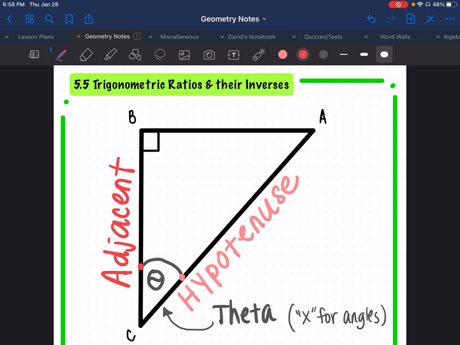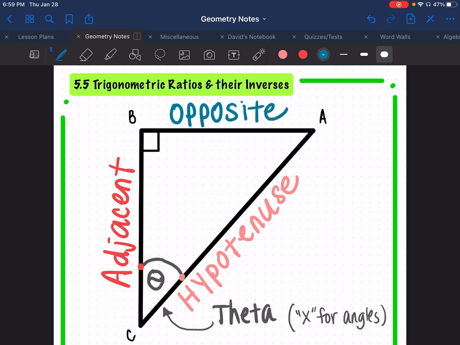I'm right next to the angle, okay? So then what would I call side AB at the top? Well, I always talk about its relationship to the given angle, in this case, theta. If I take theta and I go straight across the triangle, I hit that last side, AB. Because it is across it like that, I'm going to call it the opposite side because it's opposite theta.